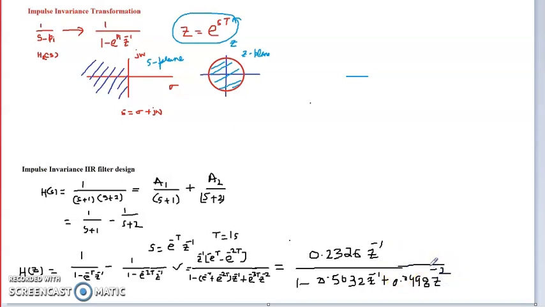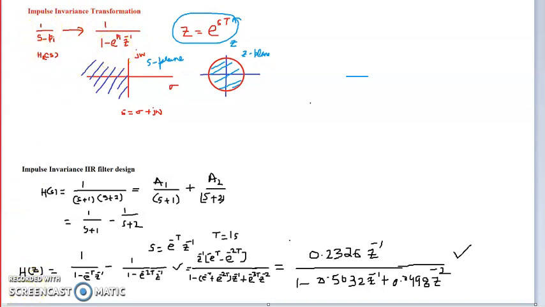Okay, so the moment we get H(z), we got the digital filter, the IIR digital filter. So this is how an impulse invariance IIR digital filter could be designed, where we have to perform this transformation.